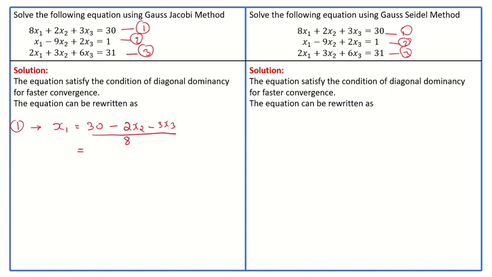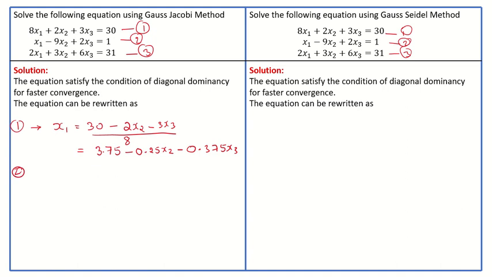This can be written as 30 by 8, which is 3.75, minus 2 by 8, which is 1 by 4, that is 0.25 x2, minus 3 by 8, that is 0.375 x3. So this is one equation.